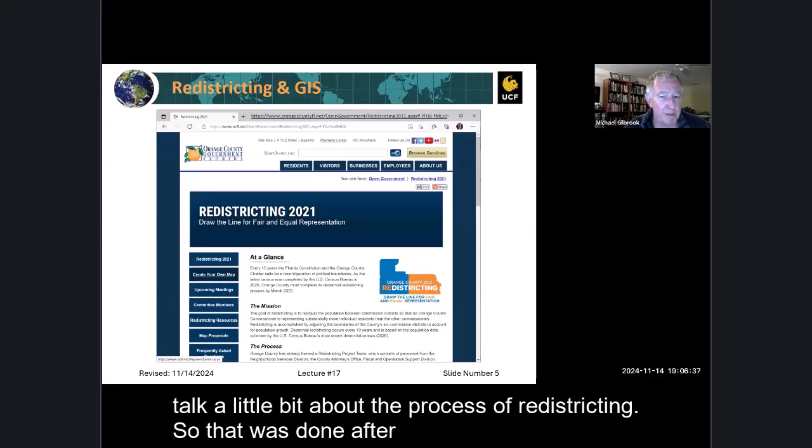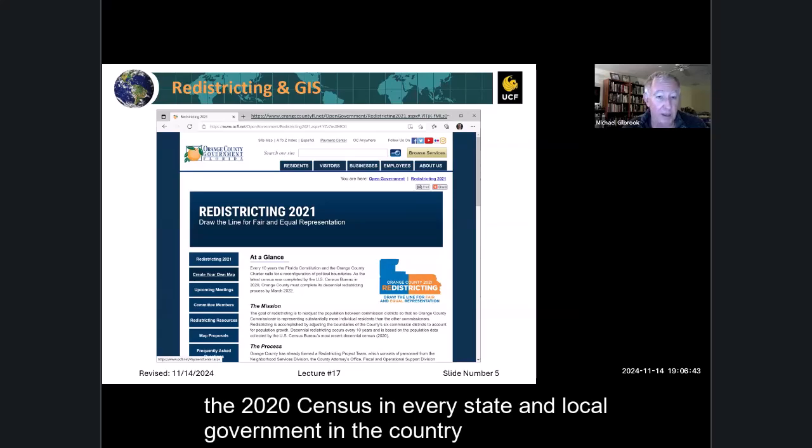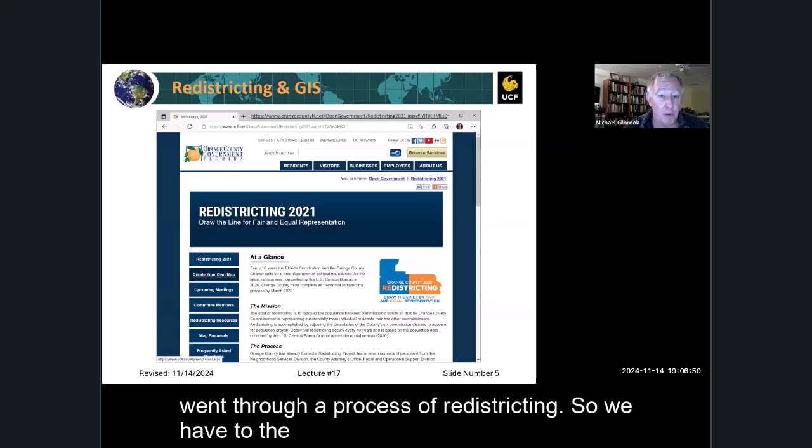So let's talk a little bit about the process of redistricting. That was done after the 2020 census. Every state and local government in the country went through a process of redistricting.